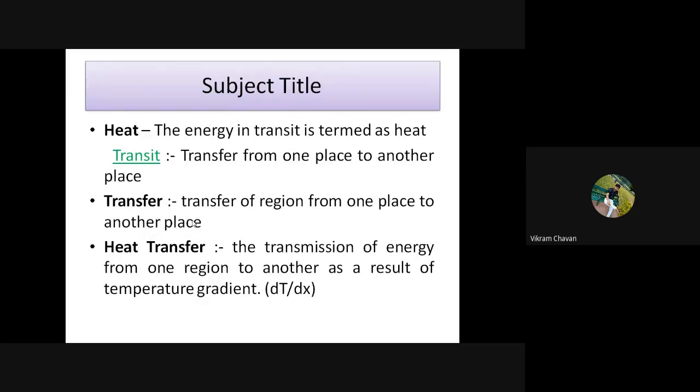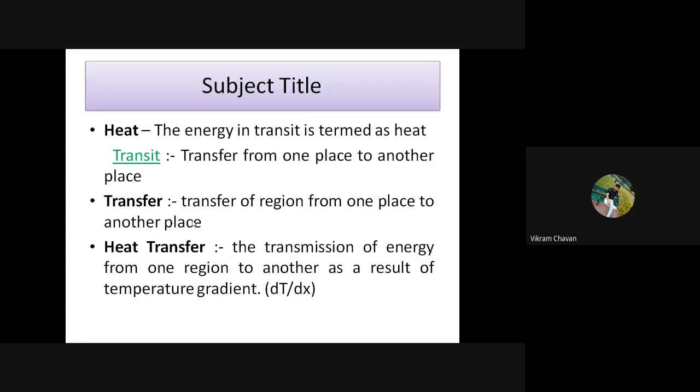Okay, many times you have heard the definition of heat and what is meant by transfer. So heat is nothing but what? The energy in transient state is nothing but heat. What is meant by transient?